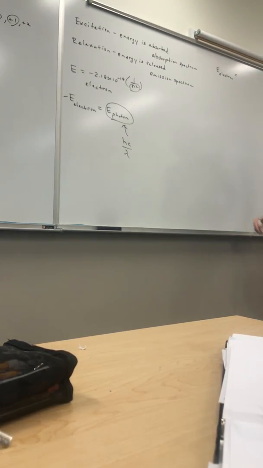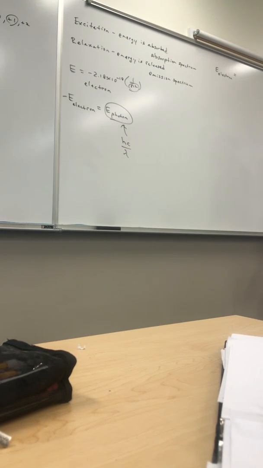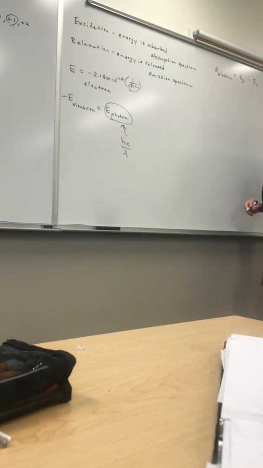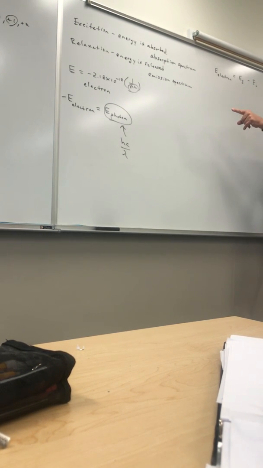So we're going to put this in the form of a final minus initial calculation. So we'll look at the final minus the initial. This equation applies to both of them.